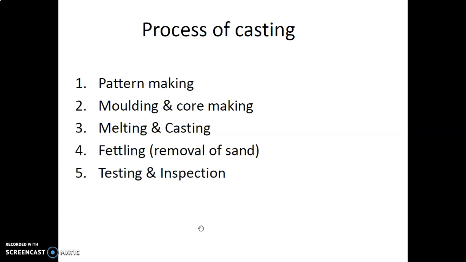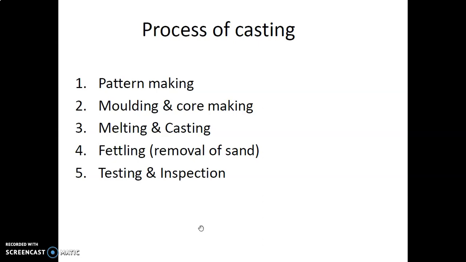Okay, so here you can see there are a number of steps that you have to follow for the casting process, like pattern making. Pattern making is very important because as you make the pattern, you will get the exact shape.